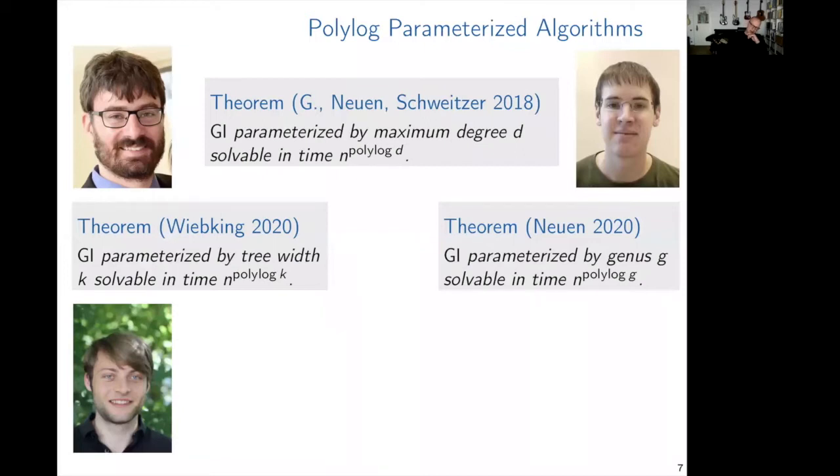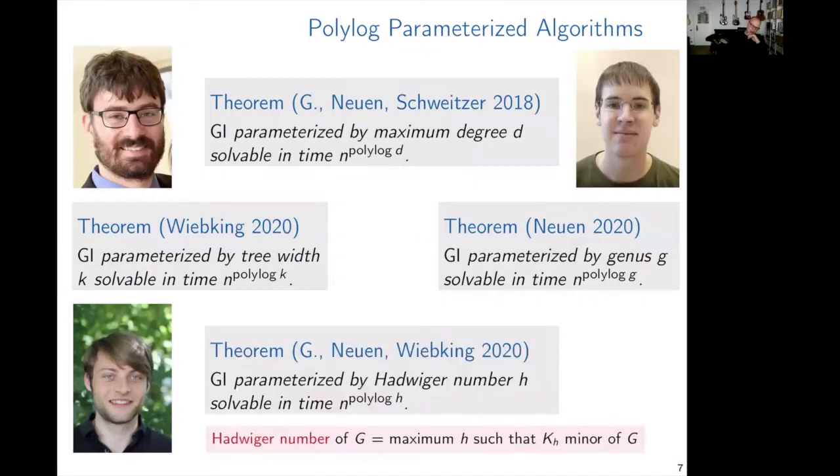And building on these 2 results, we recently proved that GI is parameterized now by the Hadwiger number, as I wrote it there. That's basically the maximum h such that K_h is a minor of G, or you can phrase it the other way round.